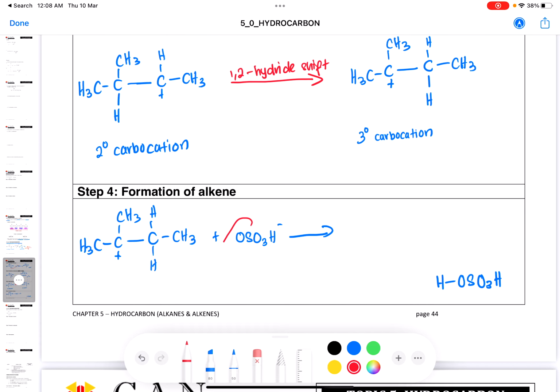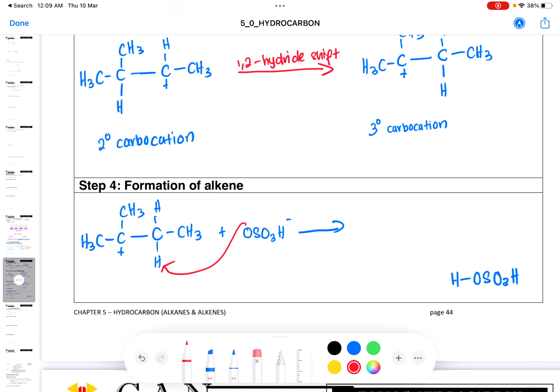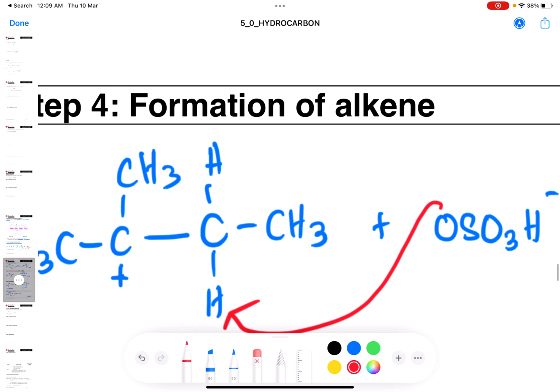They will take this H. I'm sorry, I think I should draw it like this, from the O to the H, only H plus. So there you go, you can get the HOSO3H. And it leaves these 2 electrons here.